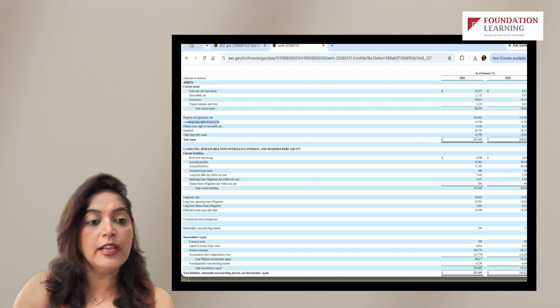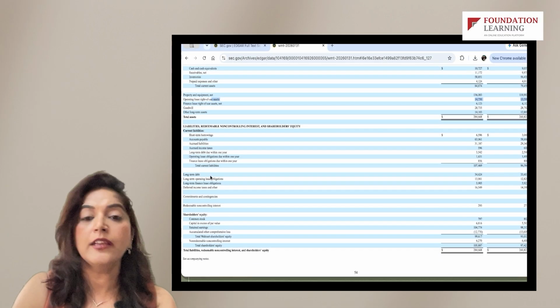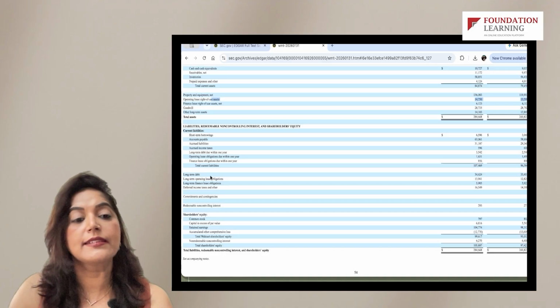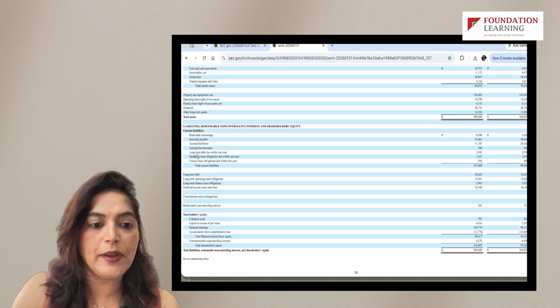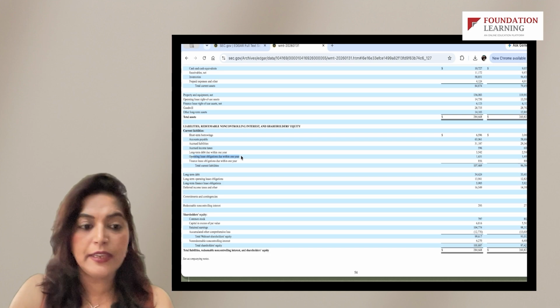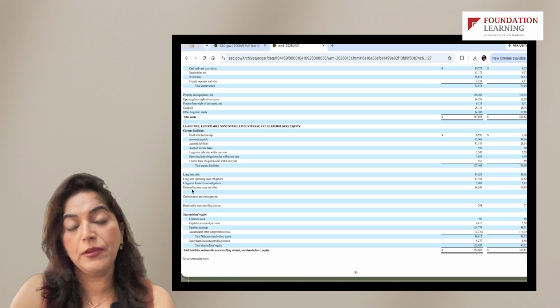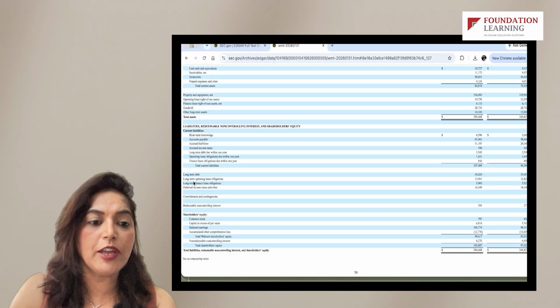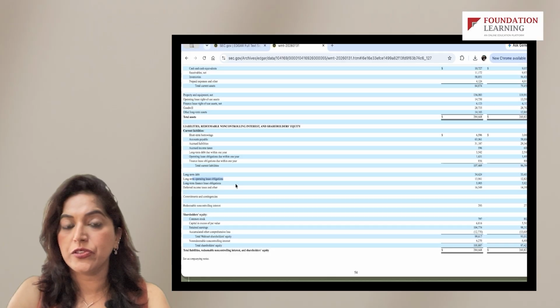So we are showing the operating right of use assets and operating lease liability in the balance sheet. So this is operating lease obligations due within a year, and in case there is more operating lease obligation due beyond a year, we would have presented that under long-term operating lease obligations, right?